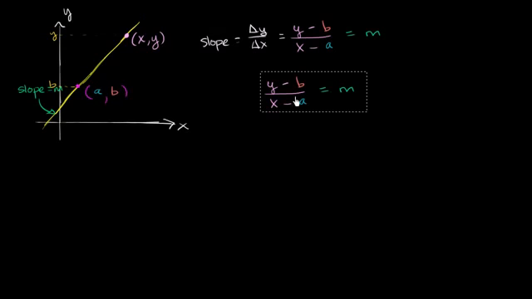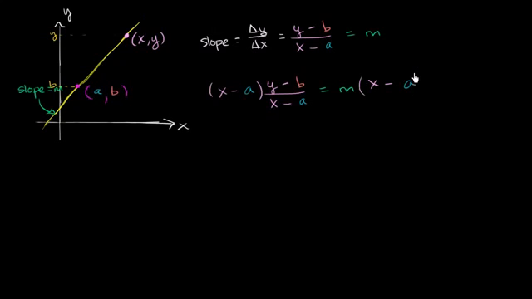To simplify this expression a little bit, or at least to get rid of the x minus a in the denominator, let's multiply both sides by x minus a. We put some parentheses around it.